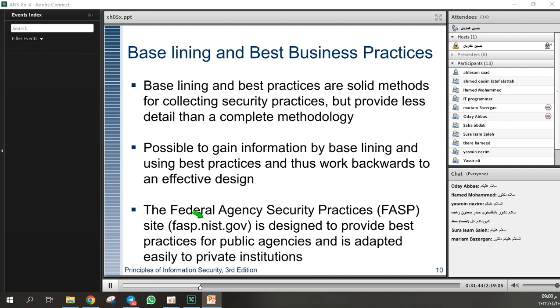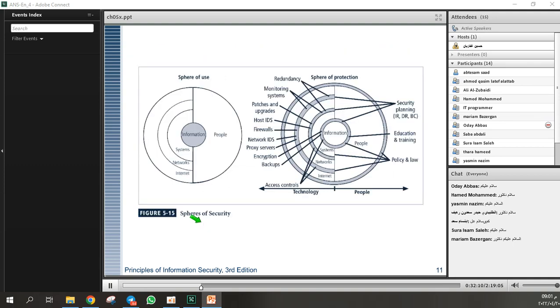It means that, for example, if I decide to use these security practices inside my organization, for example, inside the Arab University, I can use this best practice here. There are several best practices here, and I can follow those and adapt them to my conditions inside the organization.